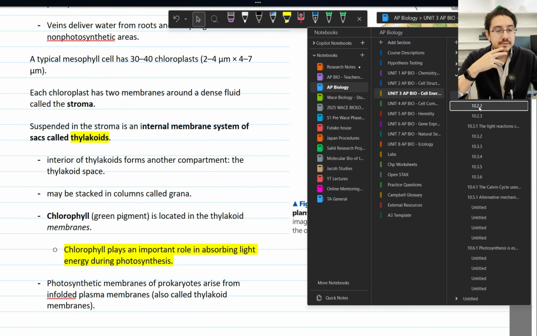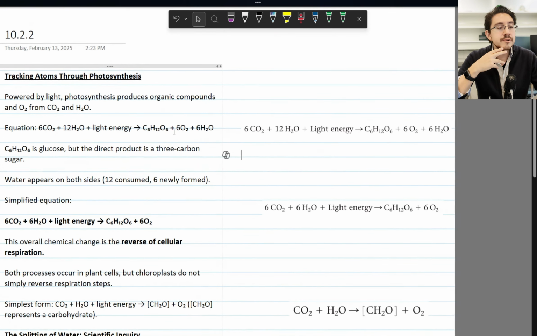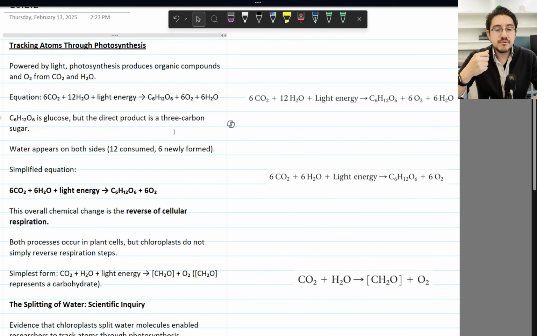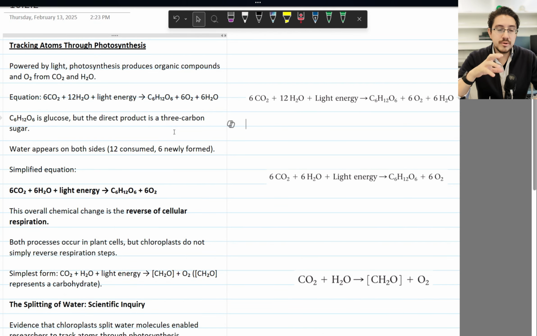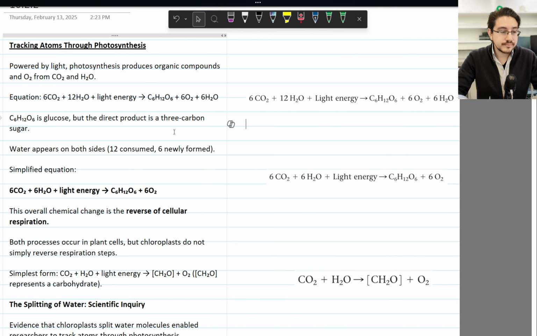All right, going into a little bit more of the chemistry of photosynthesis and the chemical equation: tracking atoms through photosynthesis. We know the reactants, like the carbon in carbon dioxide and the oxygen from water, but where do they end up within the products?